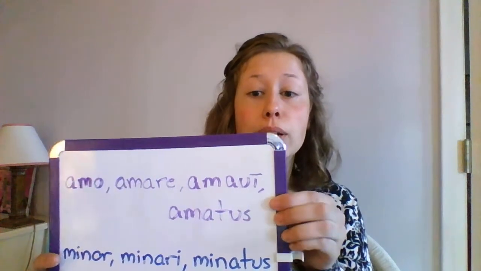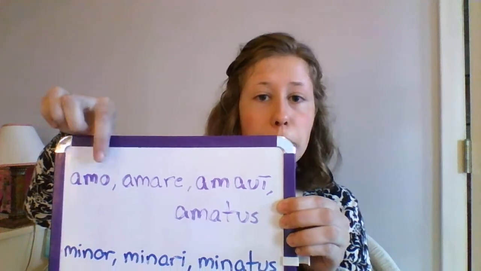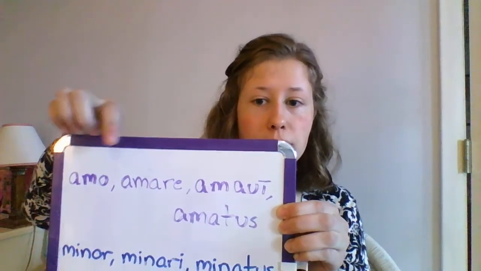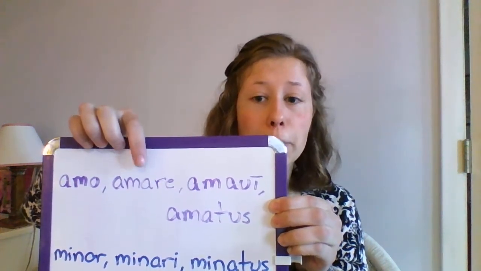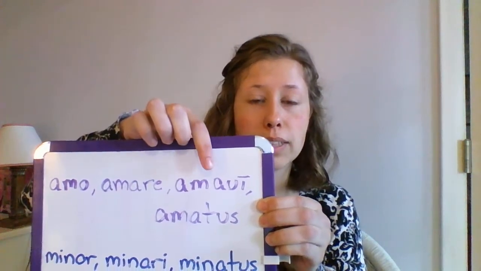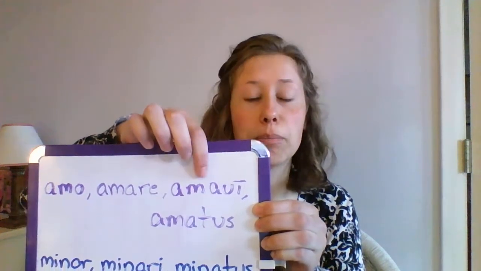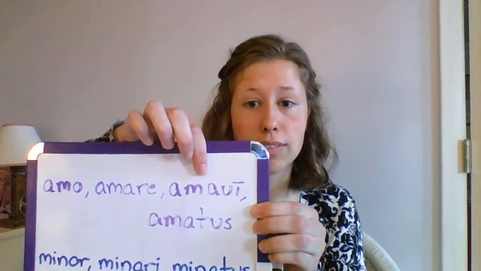Okay, so we have first principal part, generally present, future, imperfect, indicative, also the imperative. Second principal part is the infinitive and the imperfect subjunctive. Third principal part, perfect and pluperfect active forms, as well as the perfect active infinitive.